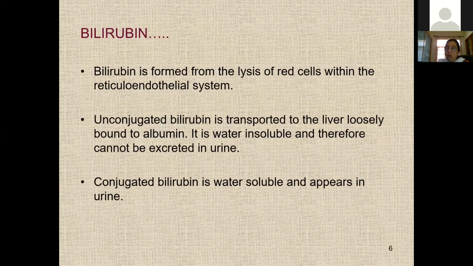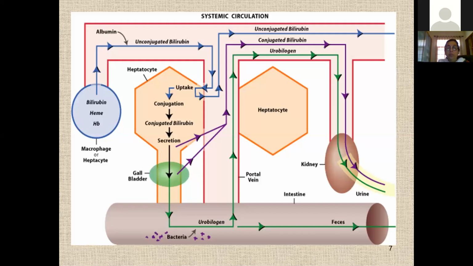So bilirubin, we all know, is formed from the lysis of the red cells within the reticuloendothelial system. And we have two types of bilirubin, unconjugated and conjugated. Unconjugated is transported to the liver loosely bound to albumin. It is water insoluble and therefore cannot be excreted in urine, whereas conjugated bilirubin is water soluble and appears in urine. So this is the diagram which shows the physiology and circulation of the bilirubin.